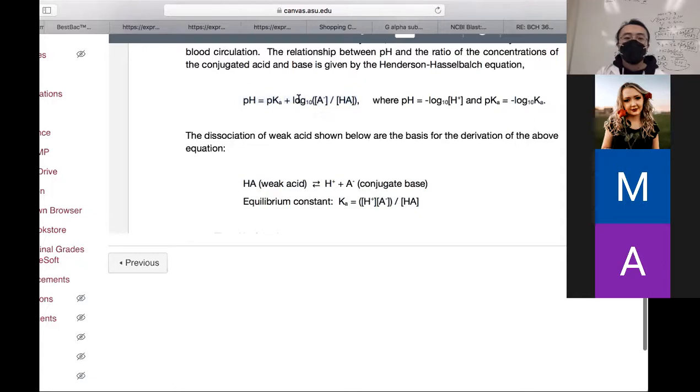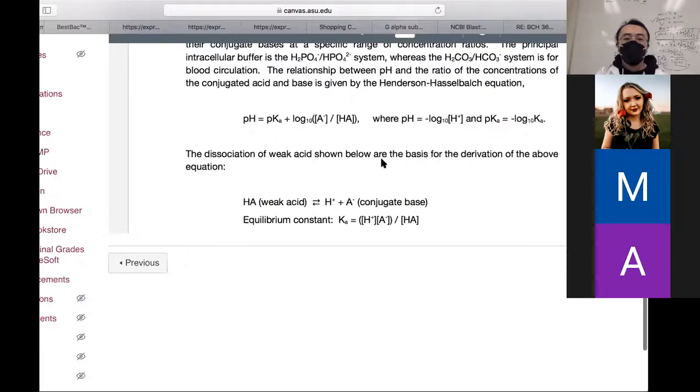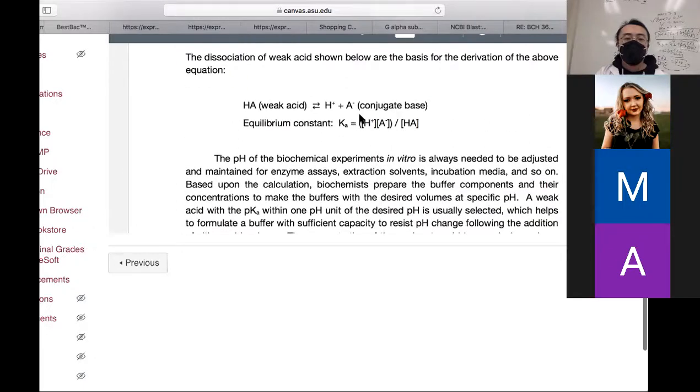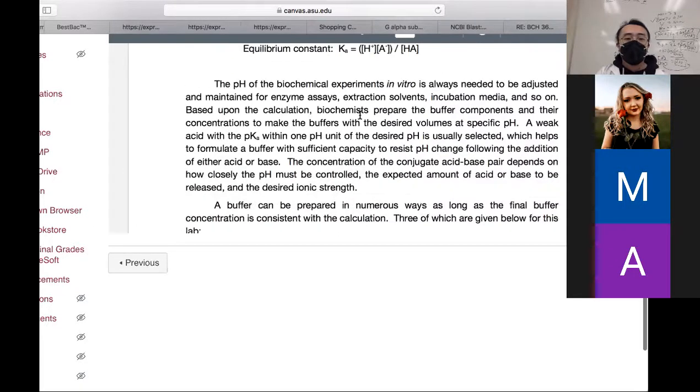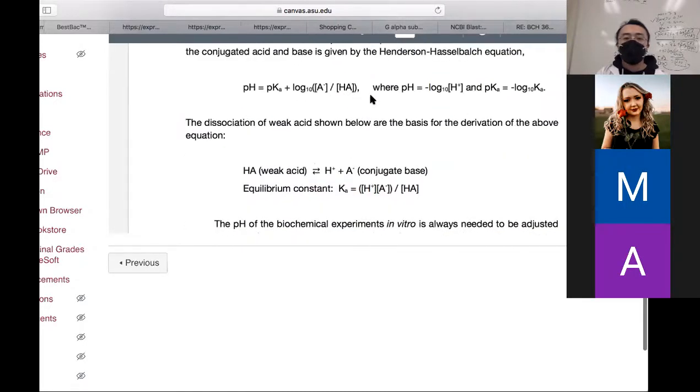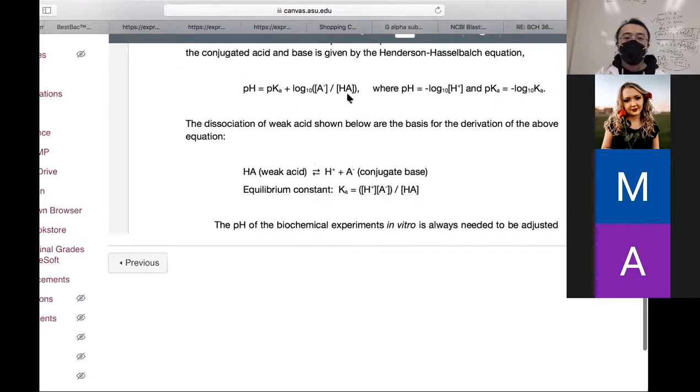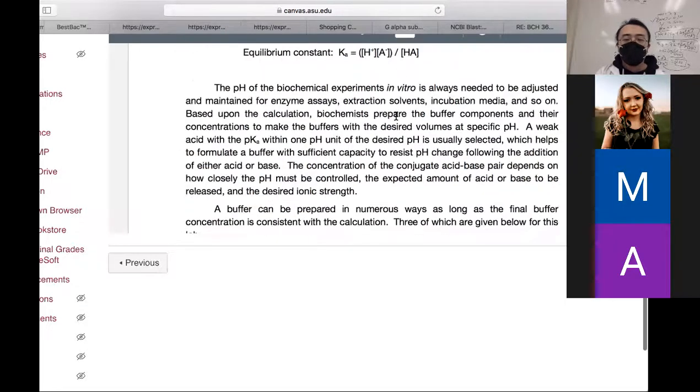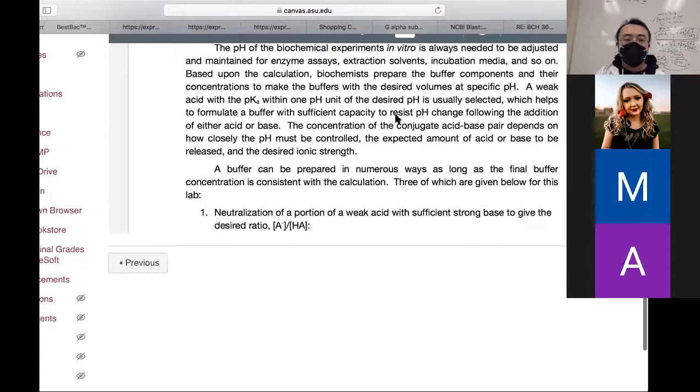Okay, that's for the equations. Any questions with this? Pretty clear. This is pretty important because we are going to use this equation to calculate many things today.